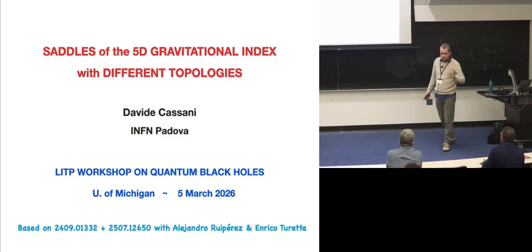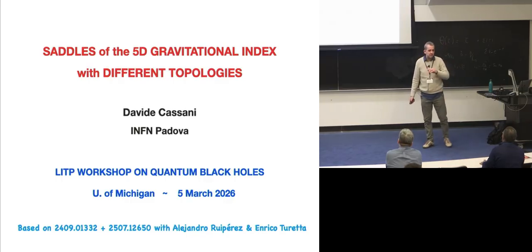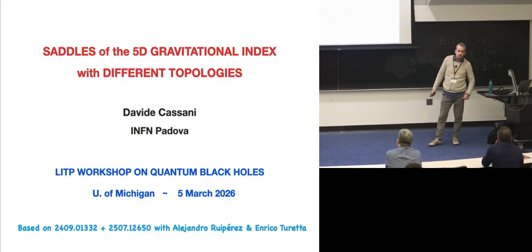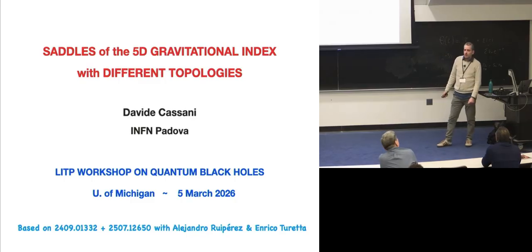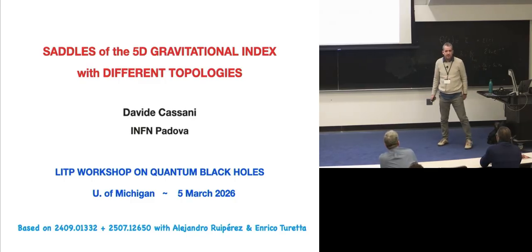So I apologize to those who already attended a version of this talk, but I'll try to make some comments on possible developments and work in progress while we go. So in the spirit of the workshop, maybe this will trigger some discussions. So please don't hesitate to interrupt me at any time.